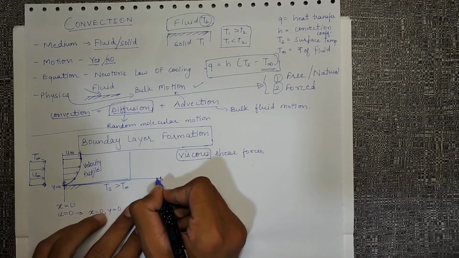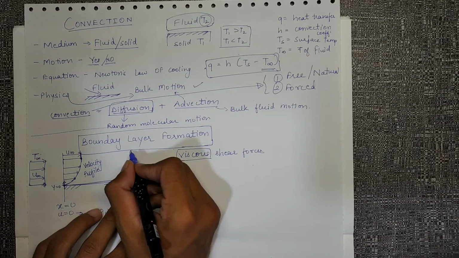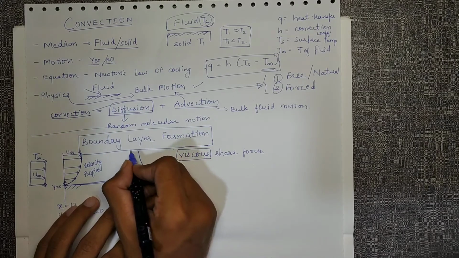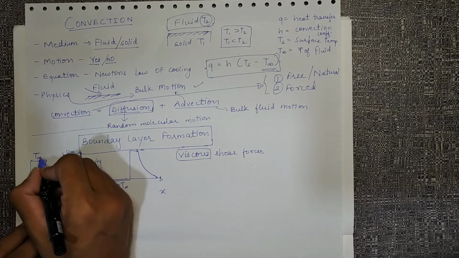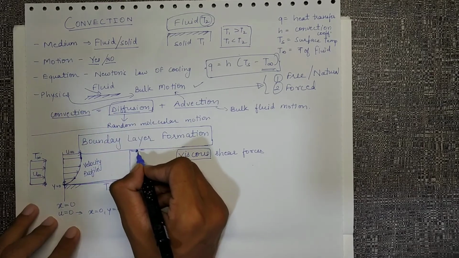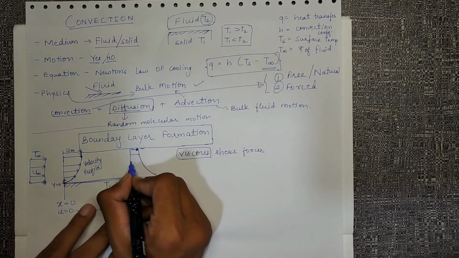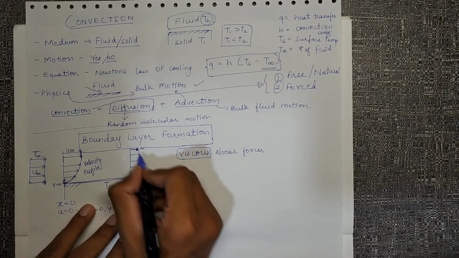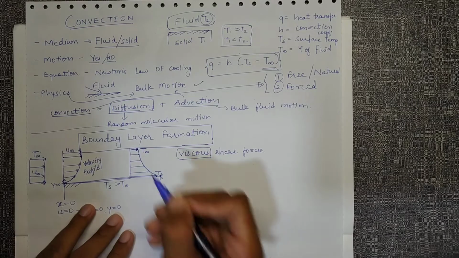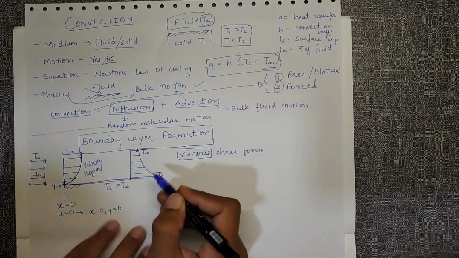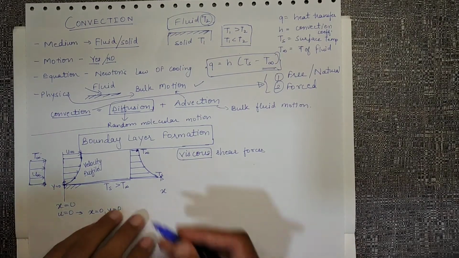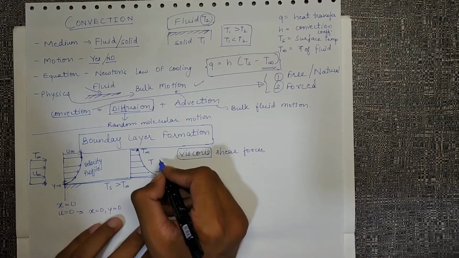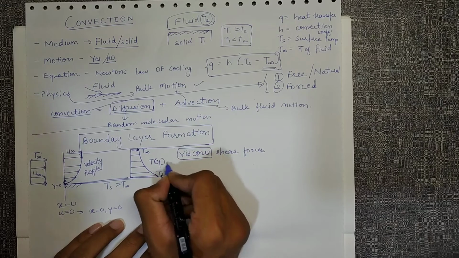So the surface temperature is Ts, which is higher than T infinity, and as we go away from it, the temperature is T infinity. This T infinity doesn't have any arrow, it is a scalar value. So this is close to Ts and this is close to T infinity. So this is also slightly parabolic, but the exact equation of this line we will derive later. So this is the temperature profile.